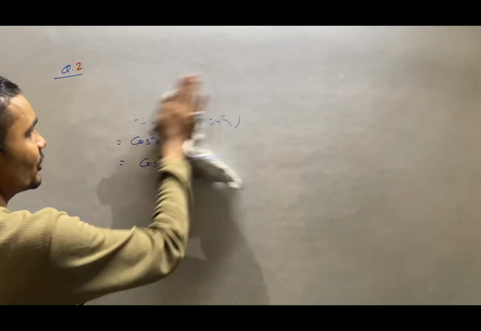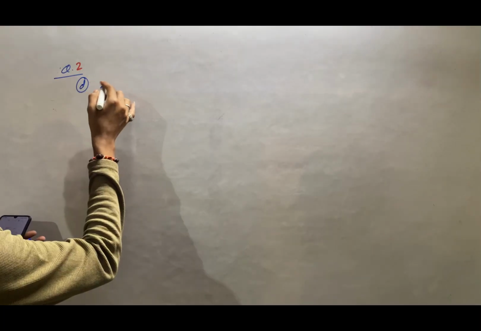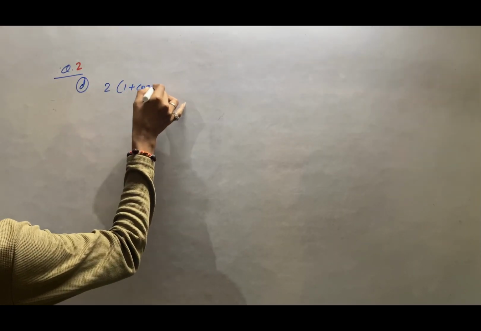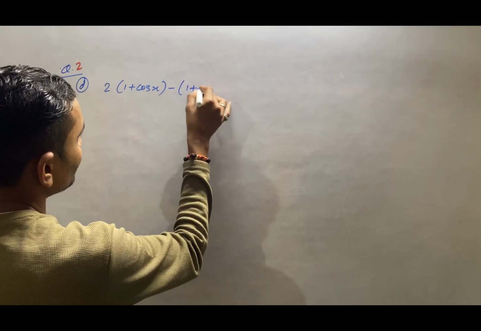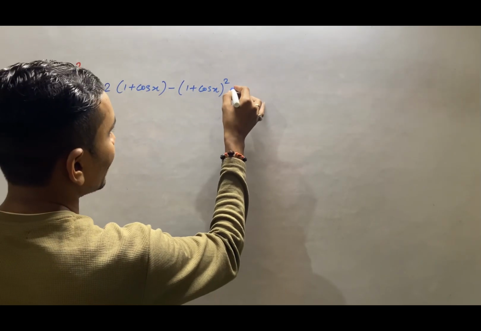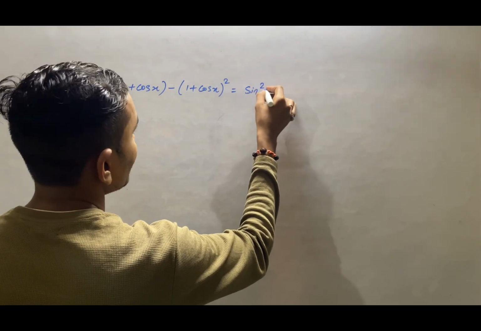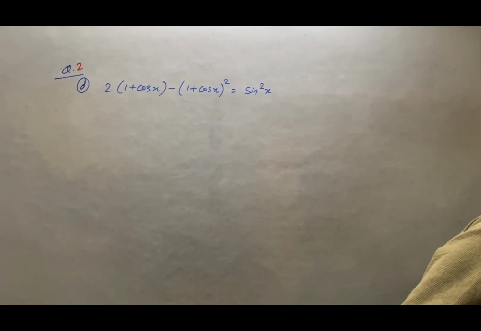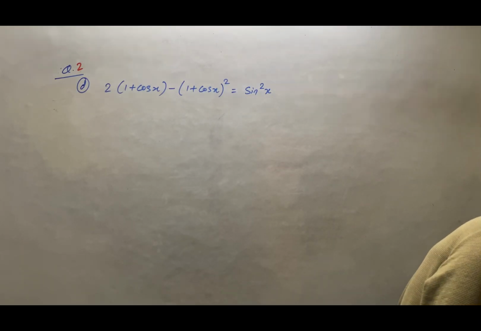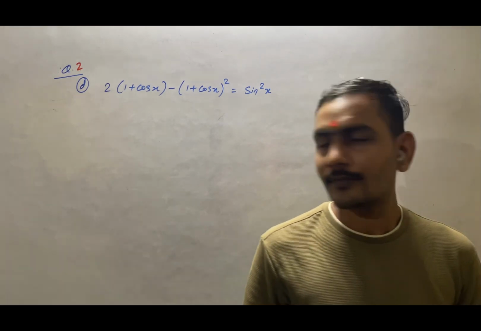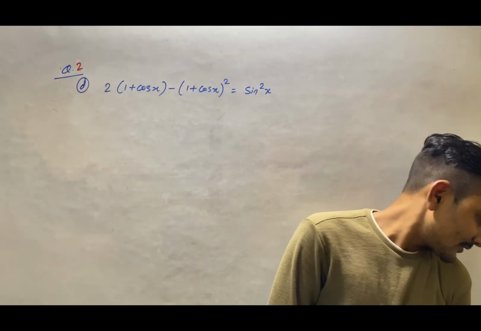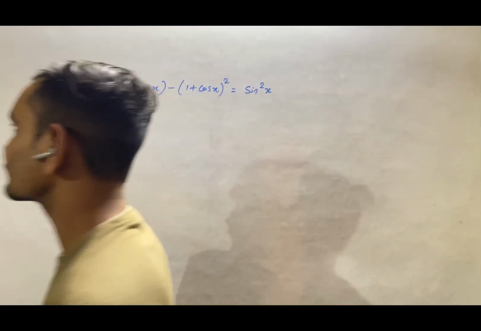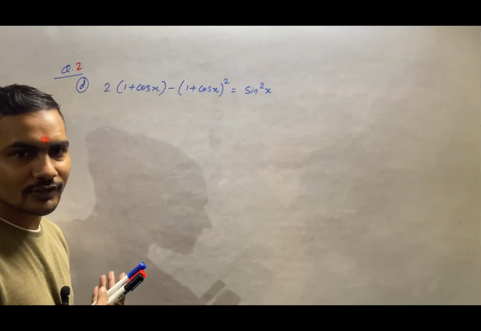The same approach you have to apply in question D. So in D, here we have 2 times of 1 plus cos of x negative 1 plus cos of x the whole square, and we have to prove is equals to sine square of x. So let's try this question.